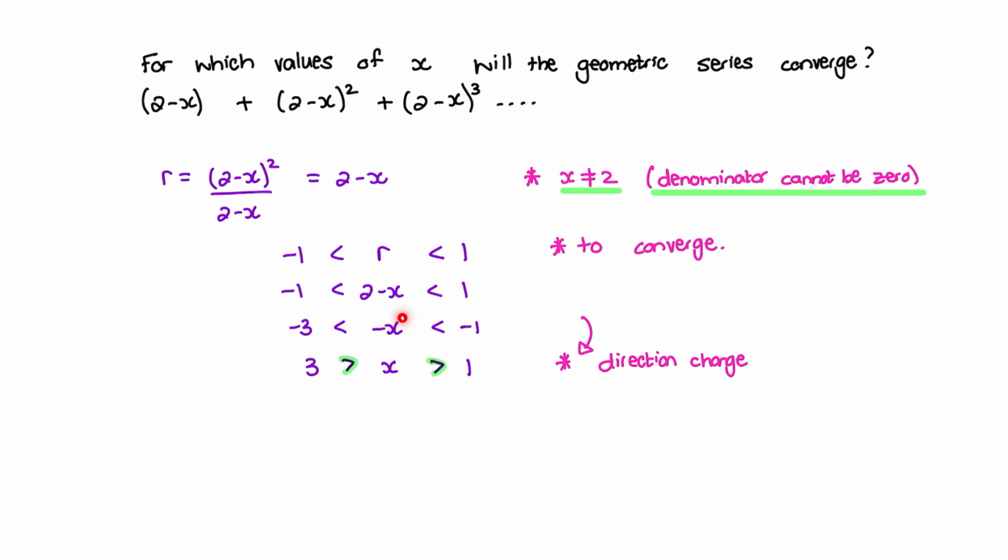Therefore, we have negative x is bigger than -3. And then I divide both sides by -1. Now, with an inequality, when we divide by a negative, then the direction of the inequality changes. So x becomes smaller than 3.